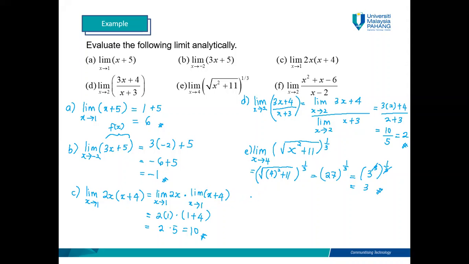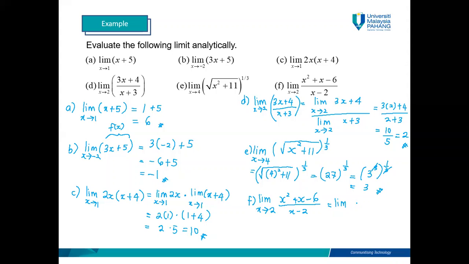Alright. And the last one, F, limit of x squared plus x minus 6 over x minus 2 when x approaches 2. Okay, this one boleh simplify tak?